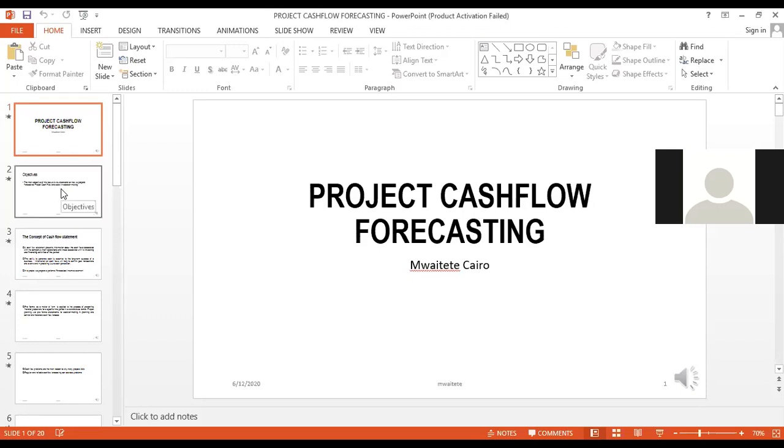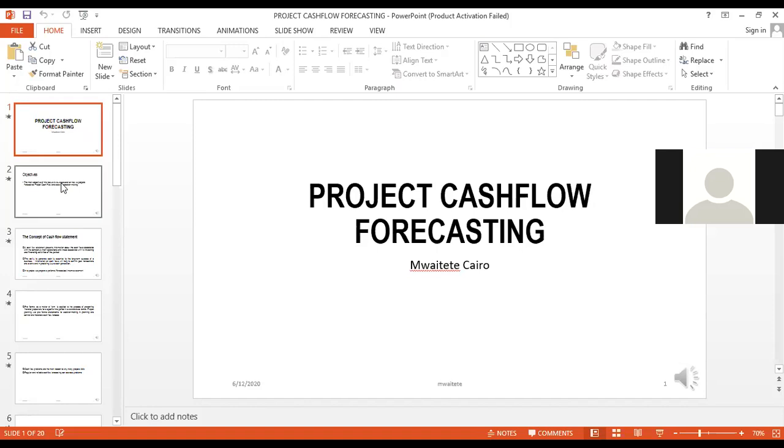So our aim is not to become an accountant. Our aim is to become a project manager on how we can use the finance information or the accounting information to predict our project that we are about to start. So project plan documents must be accompanied with cash flow forecasting.